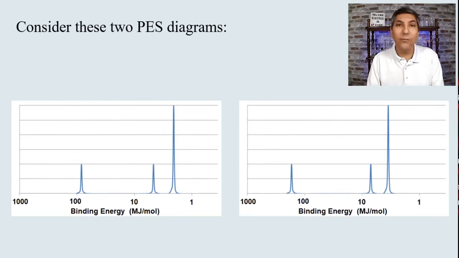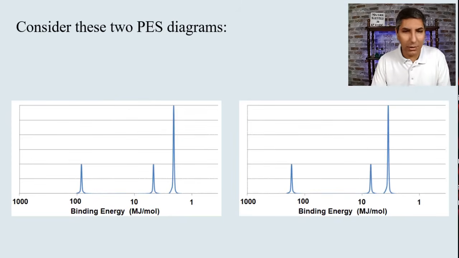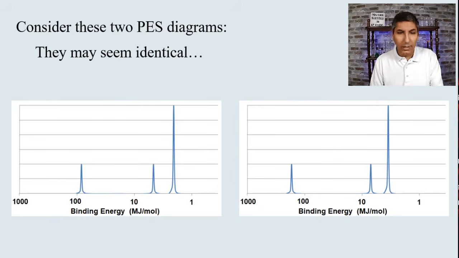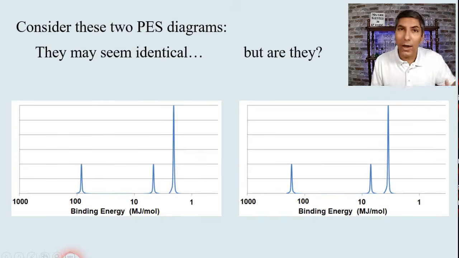Let's imagine that we have these 2 photoelectron spectroscopy diagrams right here. Now, to the untrained eye, it may look like they are identical. You might look at that and say, well, that sure looks like 1s2, 2s2, 2p6 for both of those. Maybe it's the same element, but are they actually identical to each other?